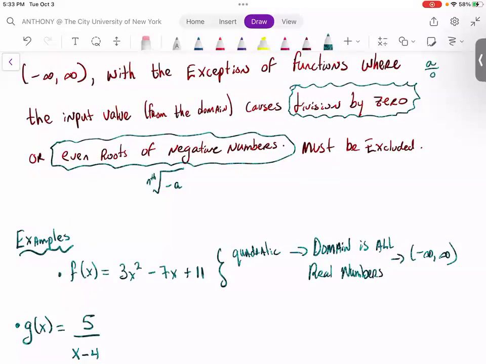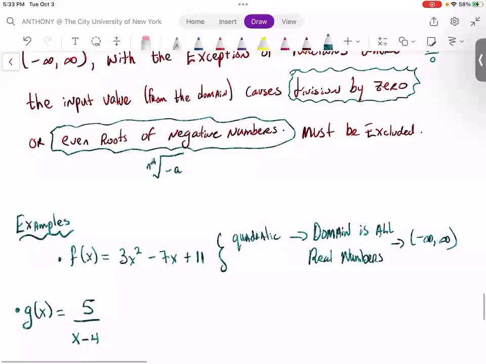Let's bring this back. So I have g of x equals 5 over x minus 4. So my question is, is there a value of x that we can consider a bad guy, somebody that we can eliminate from our domain? The answer to it is yes, right? Because if you look at this expression, it's a rational expression, or it resembles a fraction.